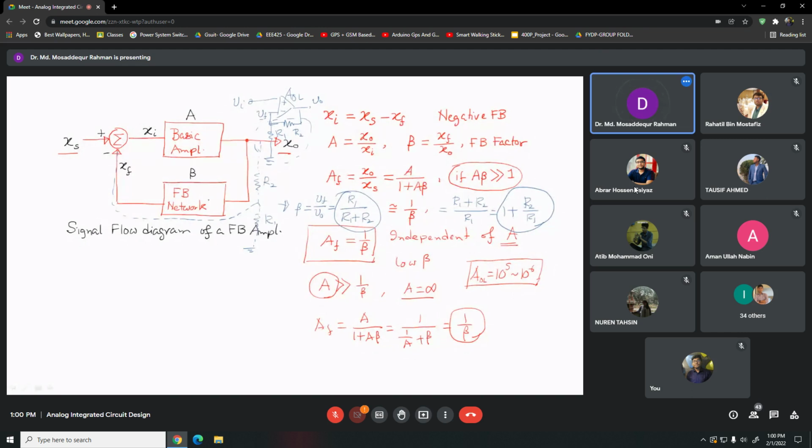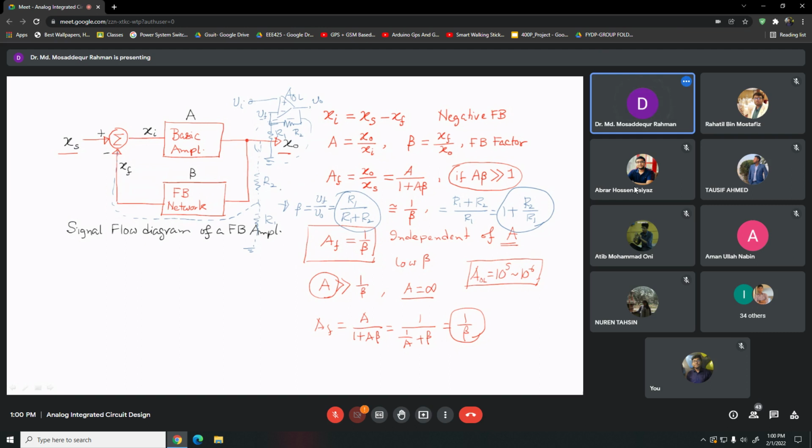So this all started with the development of this theory of the feedback amplifier or feedback technique, right? So we need a basic amplifier with a very high gain. Now there are other requirements that need to be satisfied.